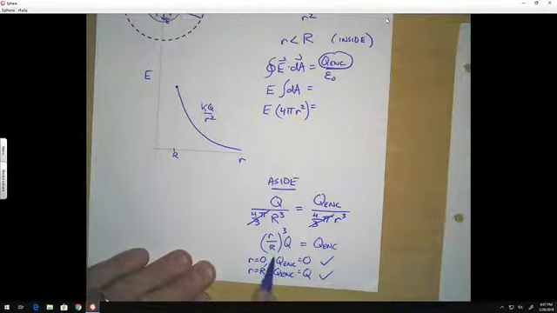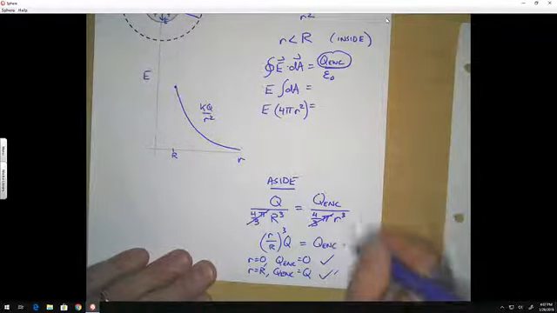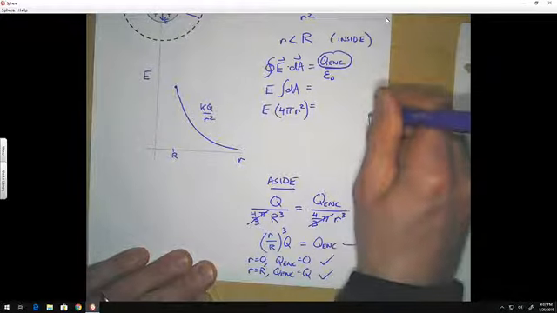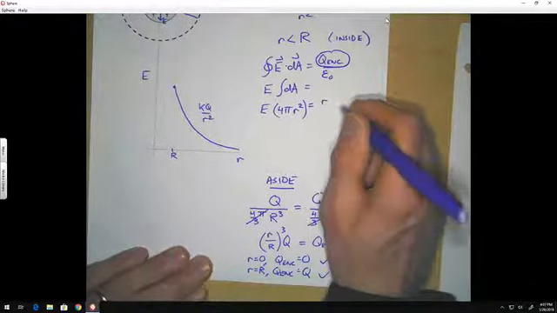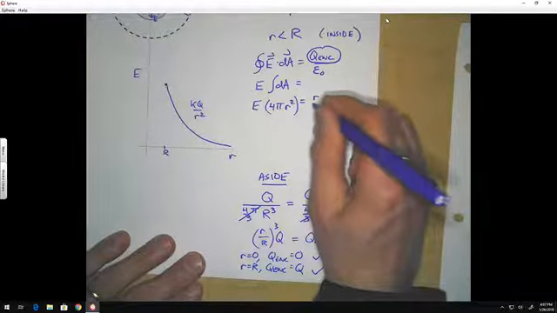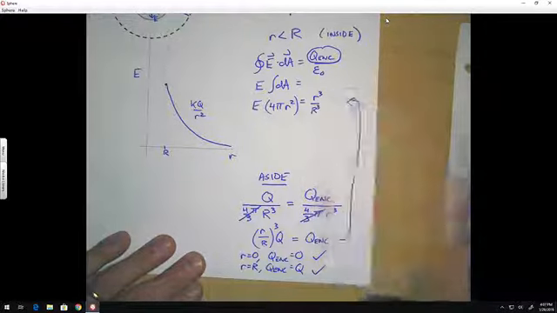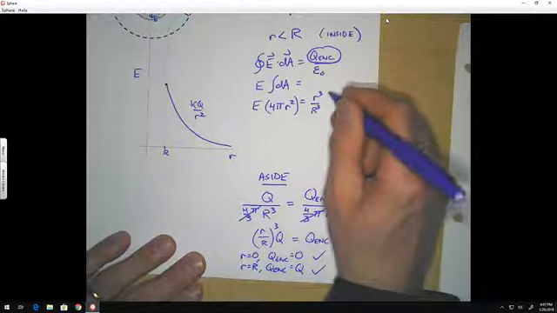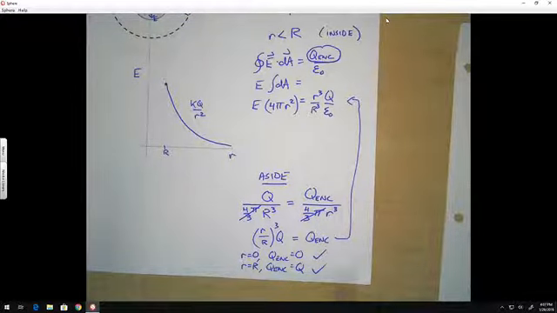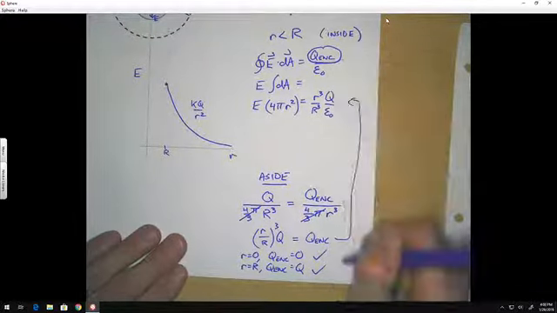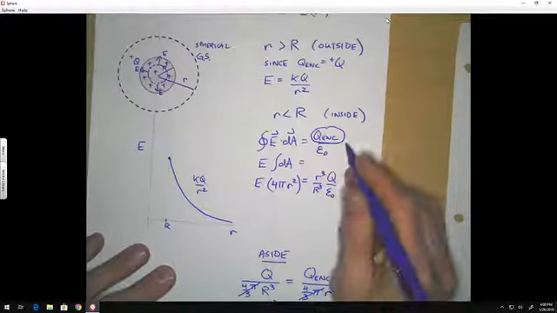And then in between, it's going to grow like that. So I'm going to use this as a substitution, with a Q on top. So I've substituted in for Q enclosed. That was the trick there.